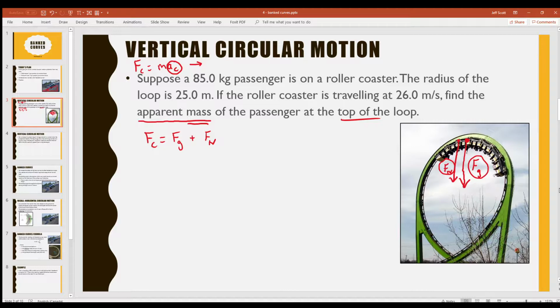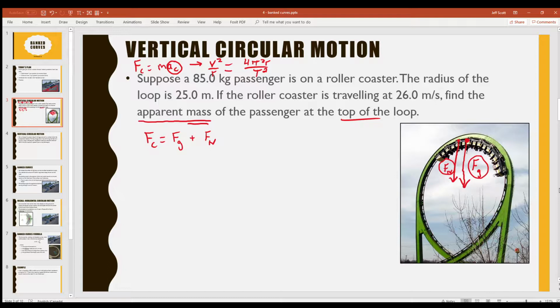If you take a look at your formula sheet, which I'll do right here real quick, we can see the two different formulas for centripetal acceleration are v squared over r, so your velocity squared over your radius of your circle, or this is also equal to 4 times pi squared times r divided by the period, which is capital T, squared. And remember, the period is just another way of saying how long does it take for one full revolution to be made.